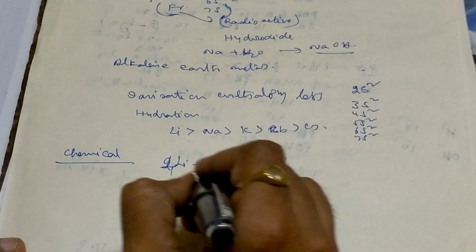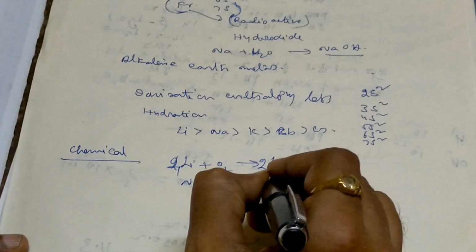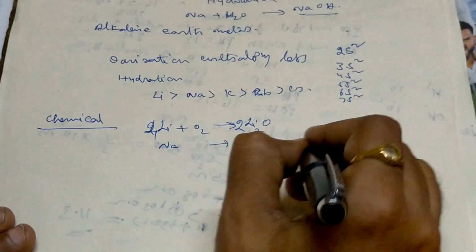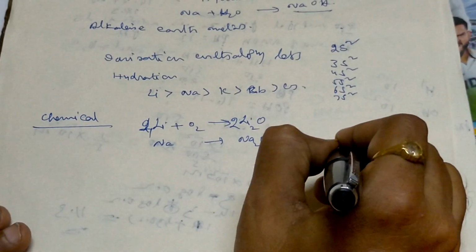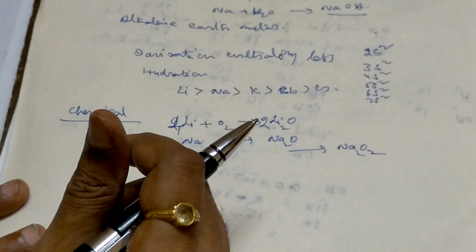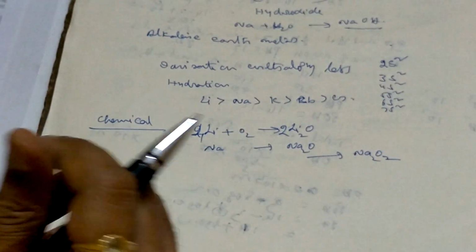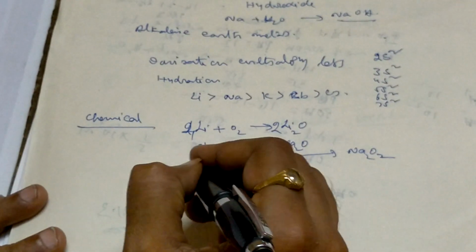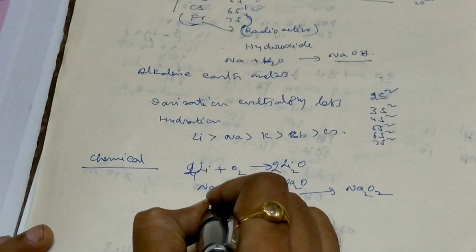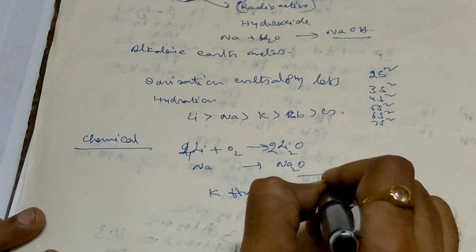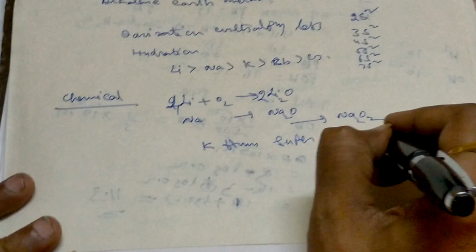Sodium is similar and gives sodium oxide, but one more product forms, sodium peroxide. Potassium, rubidium and cesium follow similarly. Particularly potassium forms superoxide, KO2.